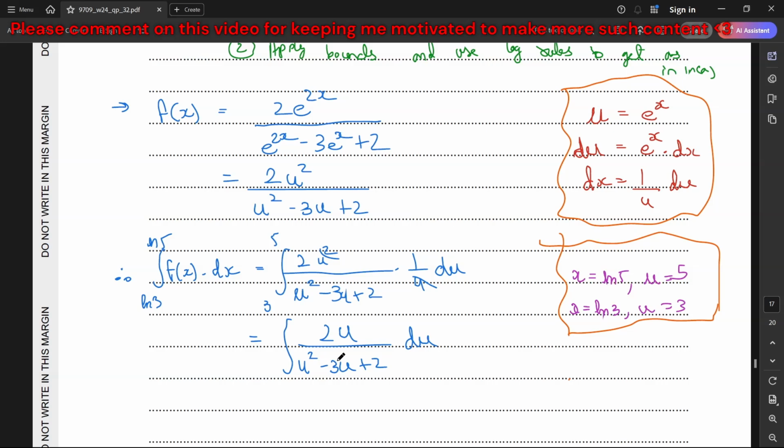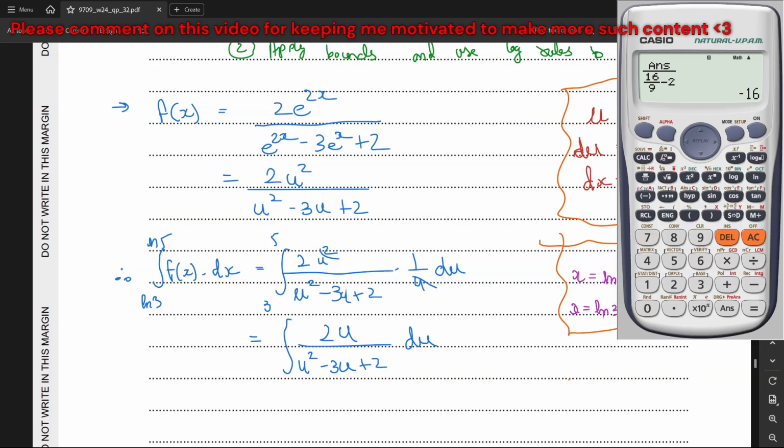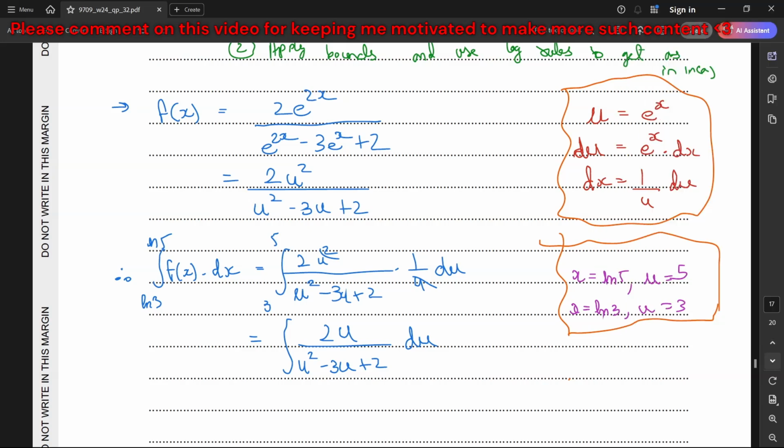The only thing I can do is to convert this into partial fractions. For that, I'll take out my calculator and see if I can get this quadratic equation in its linear factor format. So 1, minus 3, and 2 is what I need to plug in. And I'm getting that u minus 2 and u minus 1 are the factors.